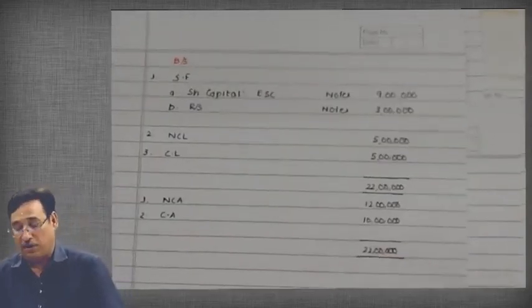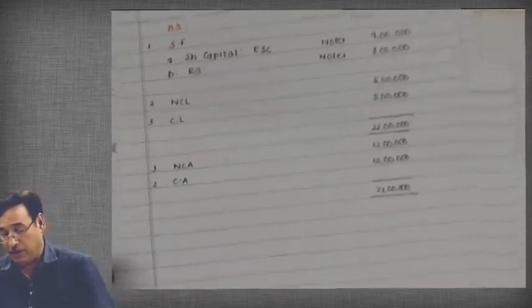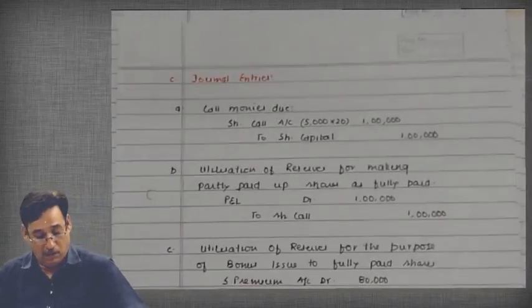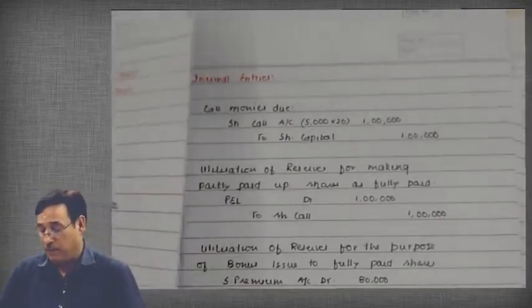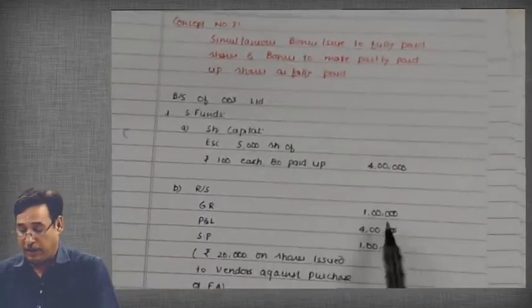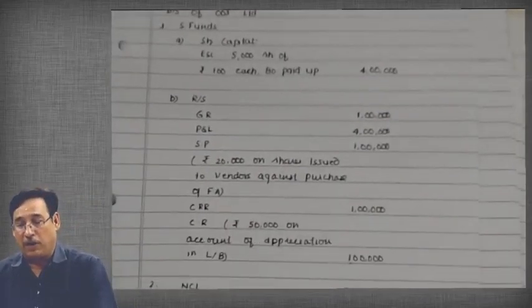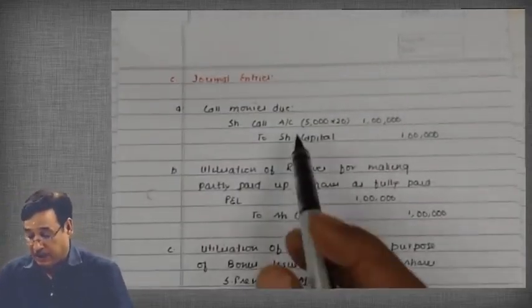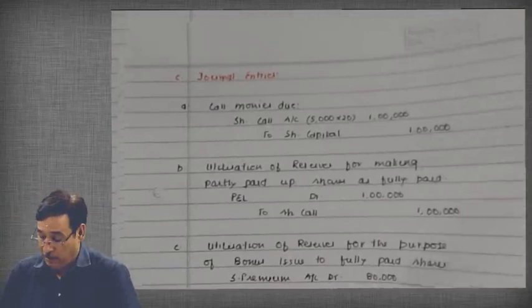And this is your sheet number 3, correct? So under the concept number 3, just pay attention. This was the original balance sheet, correct? This is the balance sheet. These are the entries actually which we wrote down over here.